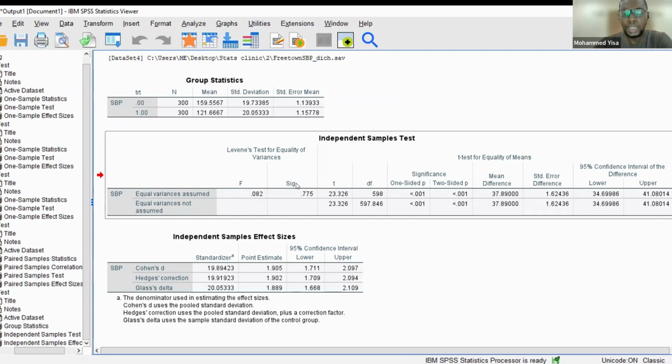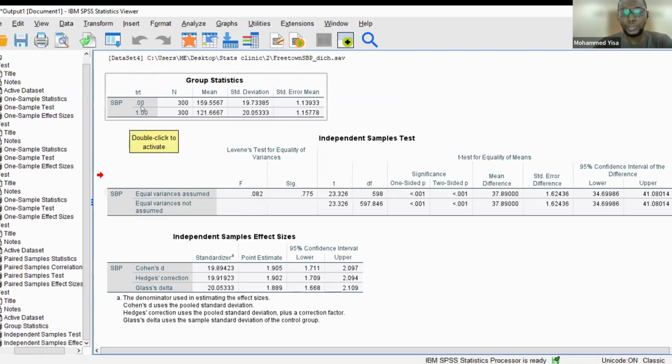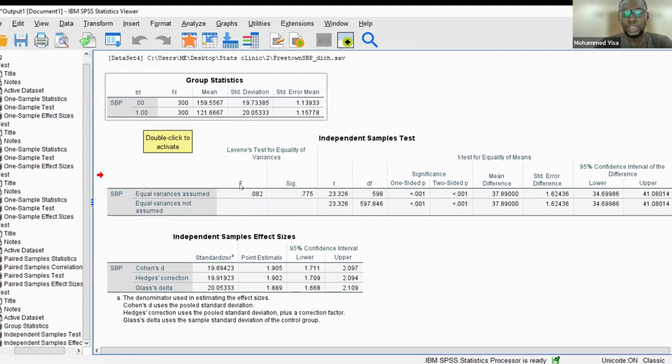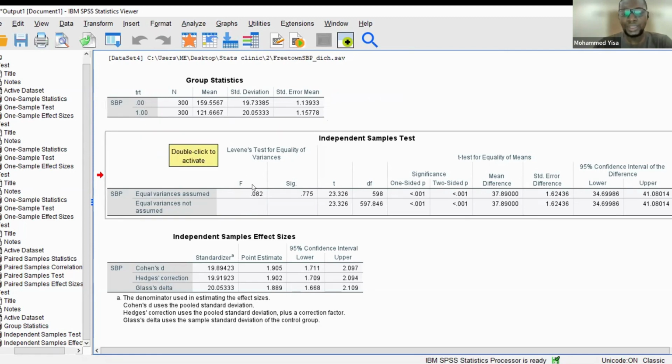This F statistic is basically the difference between the variances of treatment group 0 and treatment group 1. The difference in the variance across these two groups is what this F statistic is estimating, and then this gives you the significance of that difference.